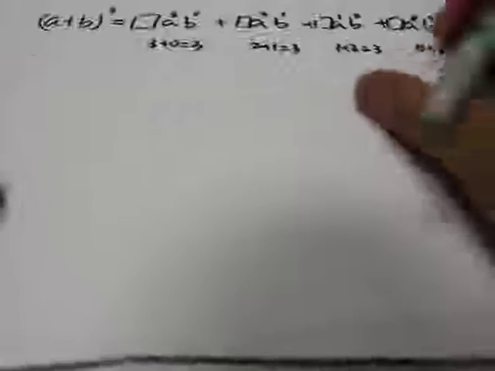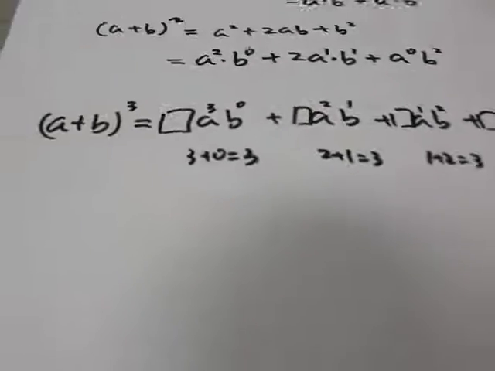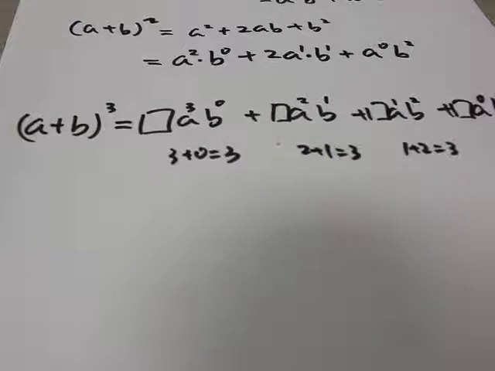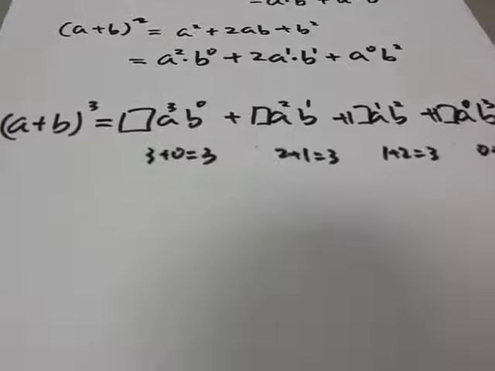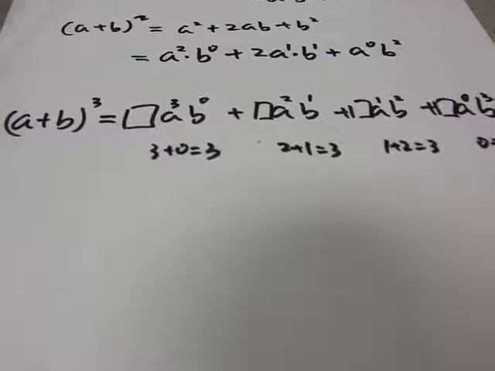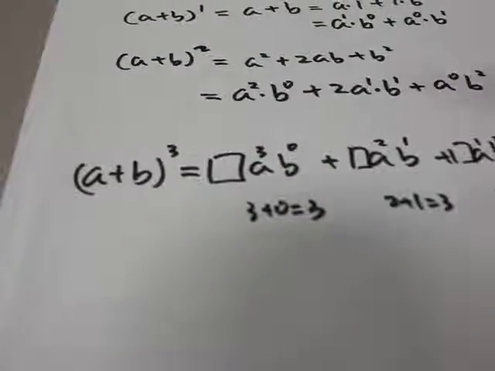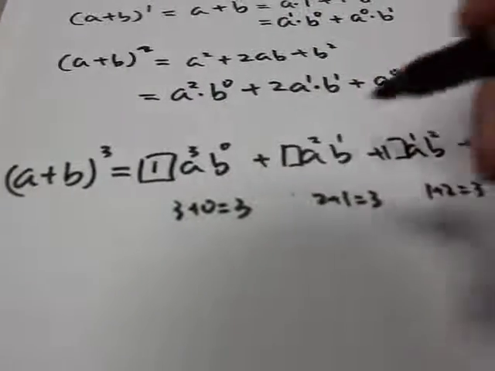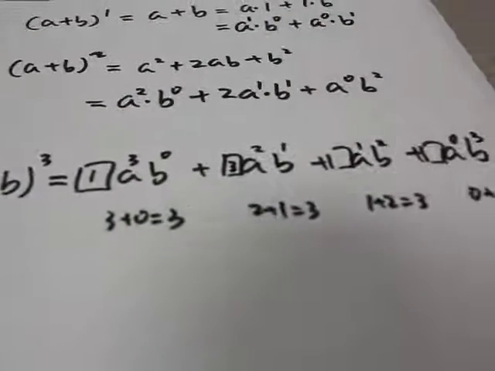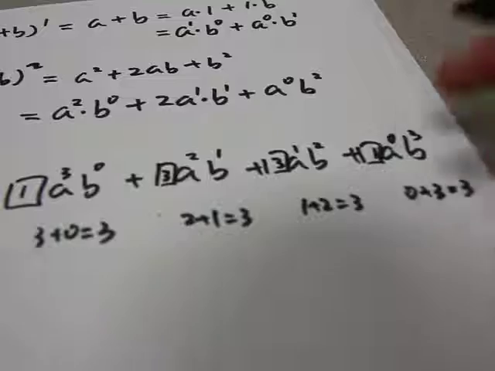Now, if I wanna find out what (a + b)^3 is, I should look at the third row, and the numbers are 1, 3, 3, 1. Therefore, the coefficients are 1, 3, 3, 1.